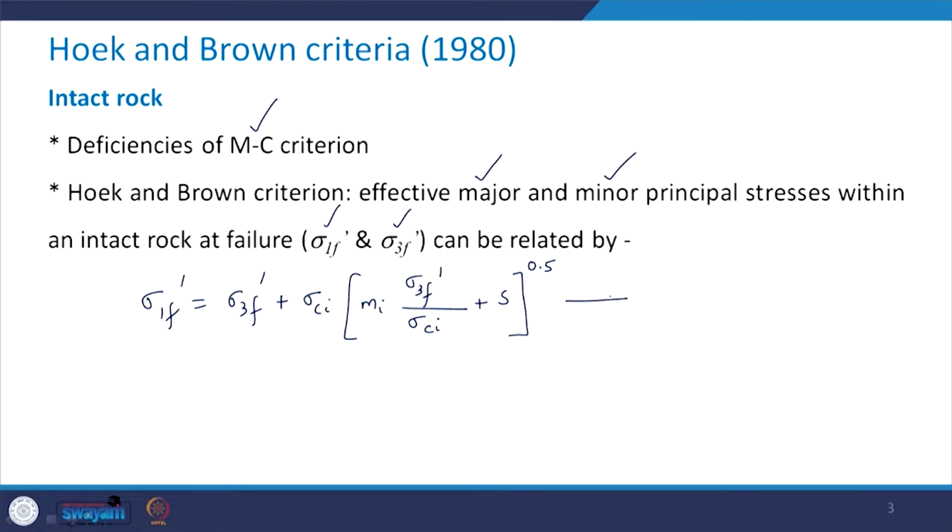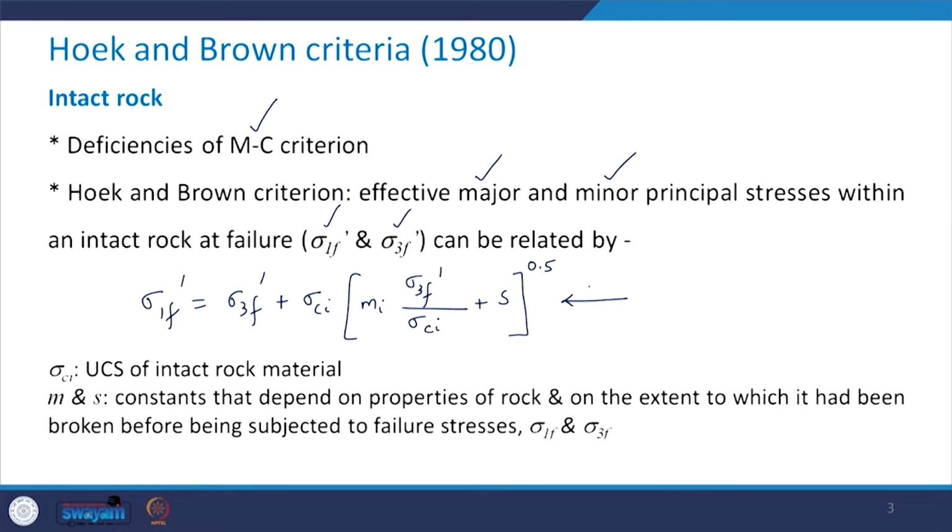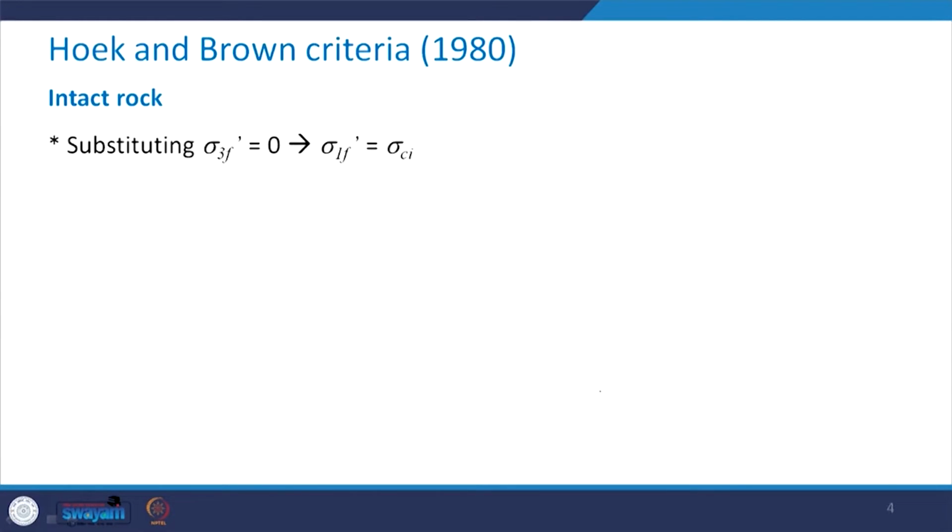Here sigma ci is the UCS of the intact rock material, and m and s are constants that depend on the properties of the rock and on the extent to which it had been broken before being subjected to the failure stresses sigma 1f and sigma 3f.